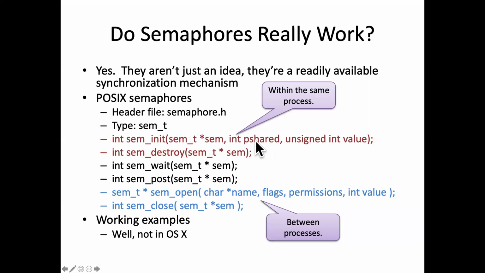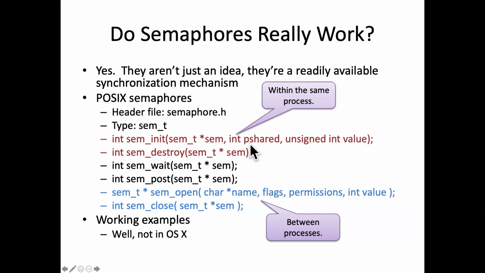You give it a pshared flag, which is for a behavior of semaphores that we're not really going to use, but that's for saying whether or not the semaphore is used within a single process or is expected to be used between processes. And this last value is its initial value. So if you wanted to write mutual exclusion code and you wanted a semaphore that started out with a value of 1, that's what you put here.